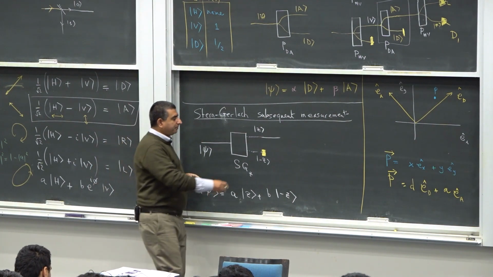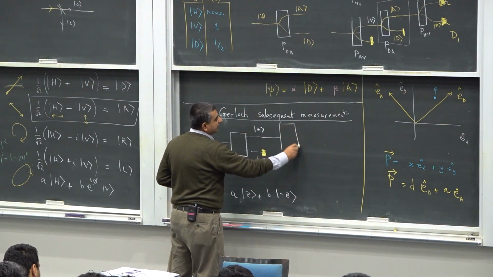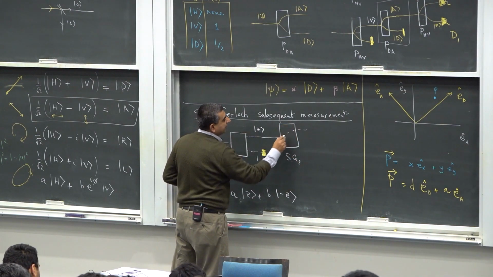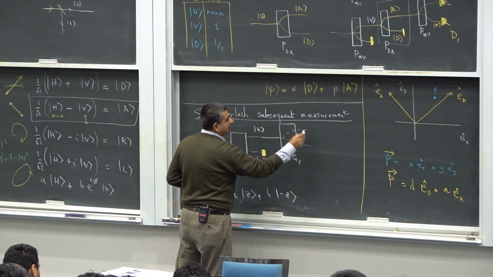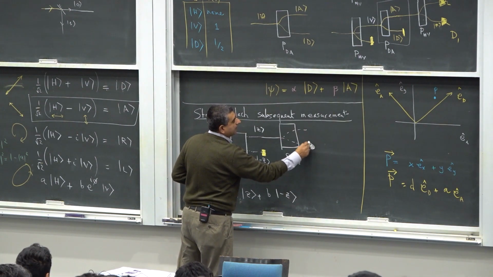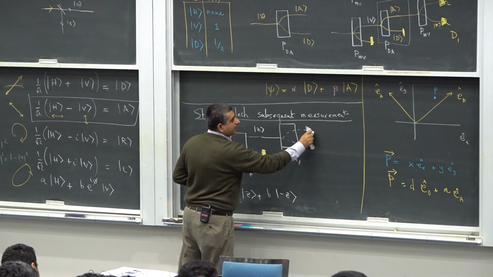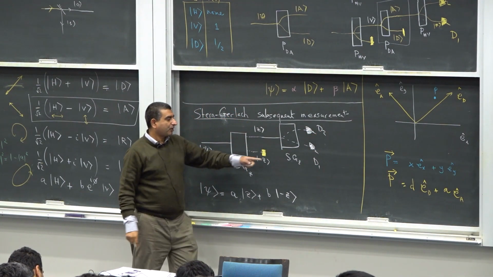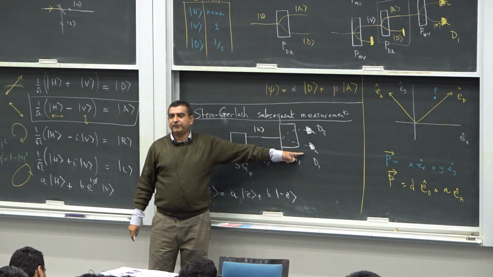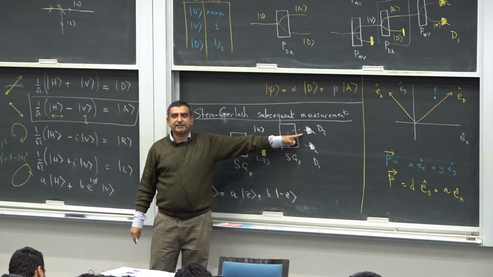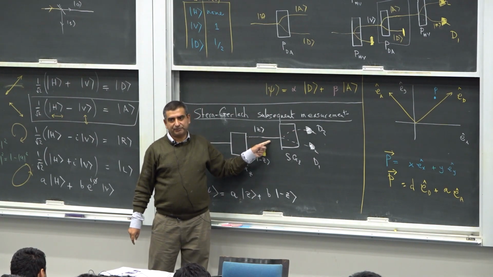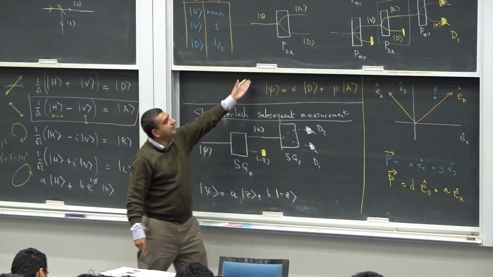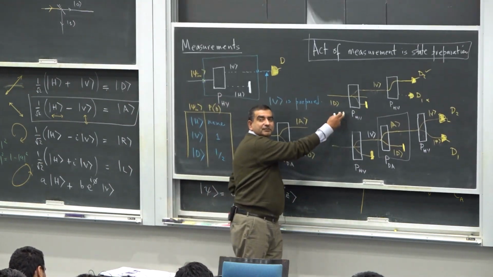Now if I were to put another Stern-Gerlach apparatus SGZ here and have two detectors, D1 and D2, what's the probability that D1 clicks? 0. The probability that this clicks is 1. All right, so far so good. This is just analogous to this experiment.